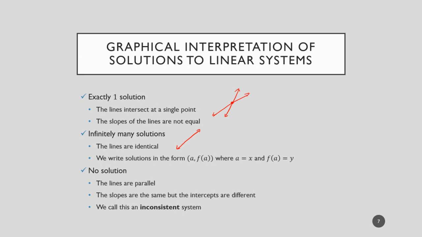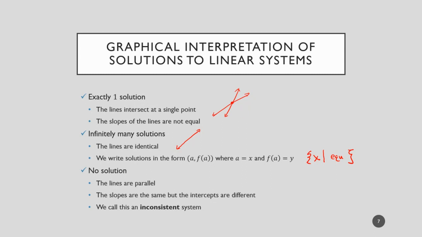Some other textbooks also write it in a set builder form where they might have x where and then they put in the equation. So that's an alternate way, but our textbook puts them in ordered pairs.